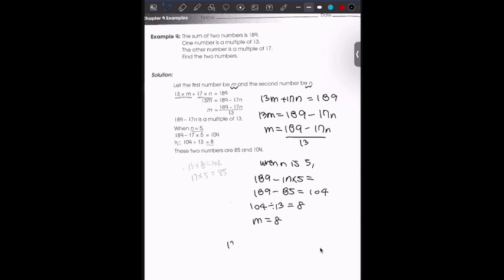And so the number is going to be 13m. So that's going to be 13 times 8, which is 104. And since 13m is 104, 17n is going to be 189 minus 104, which is equal to 85. And so the numbers are going to be 85 and 104. Those are the two numbers.